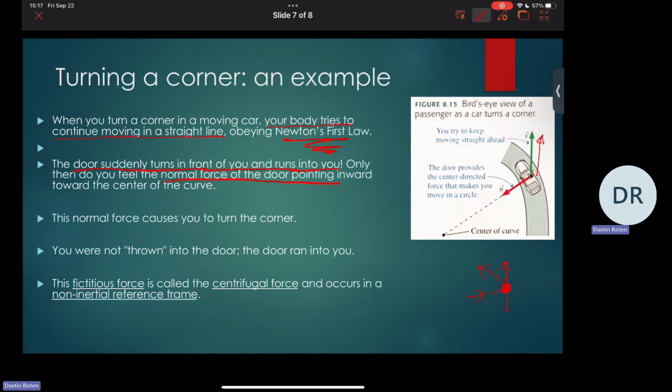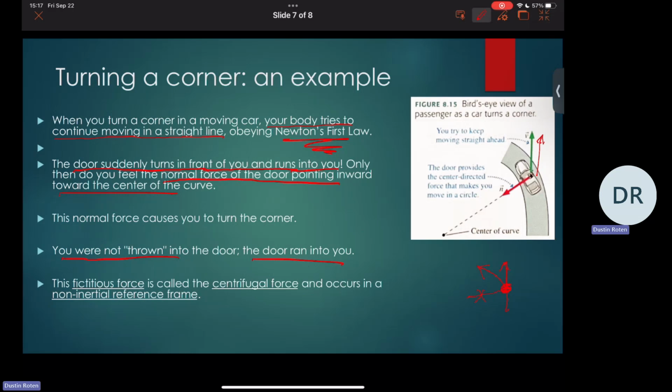And that normal force from the door is what's going to keep you going along in the circle. That's your centripetal acceleration there, that normal force. So the car's already started the turn, you haven't, and you have to wait till you hit the door, and then that's what's going to start you going through the turn. Okay? So no, you were not thrown into the door. The door ran into you.